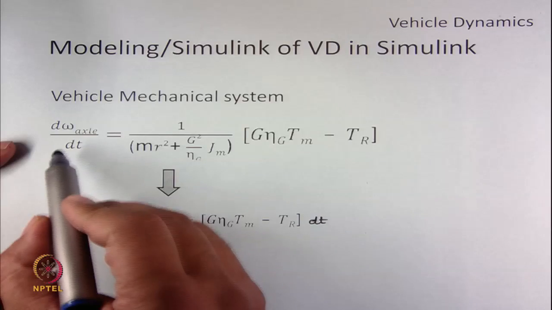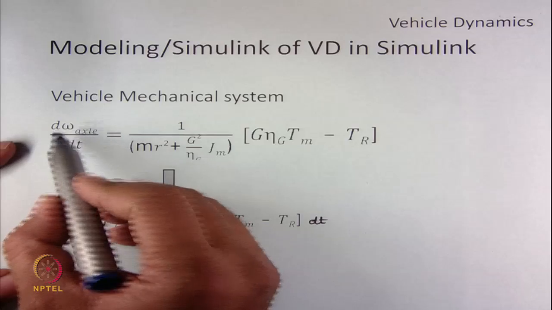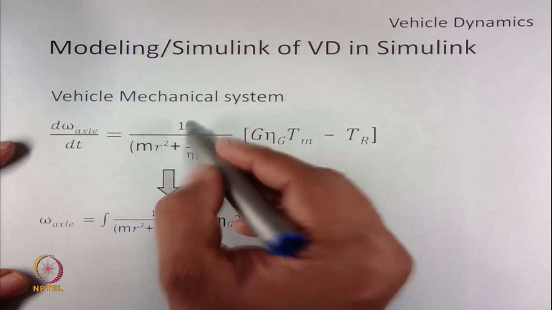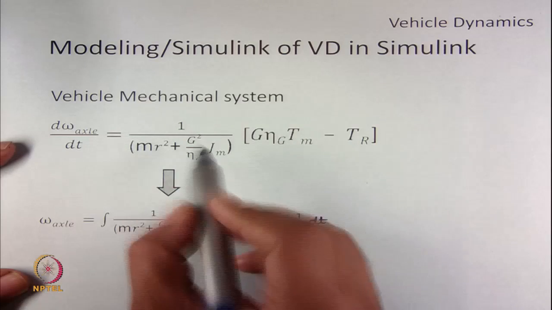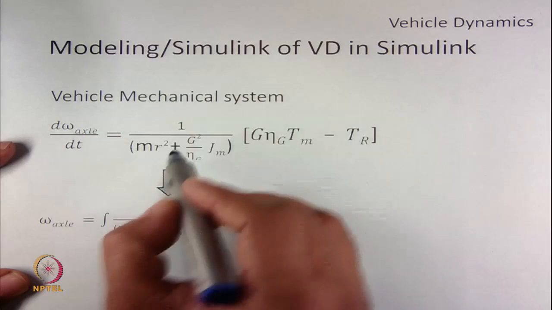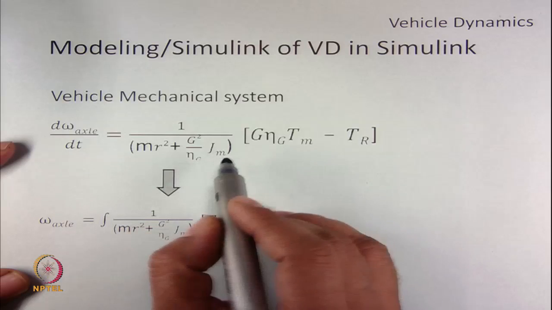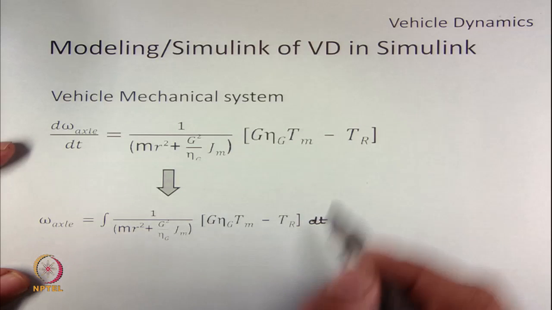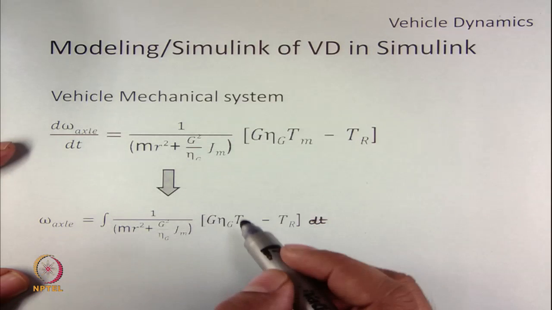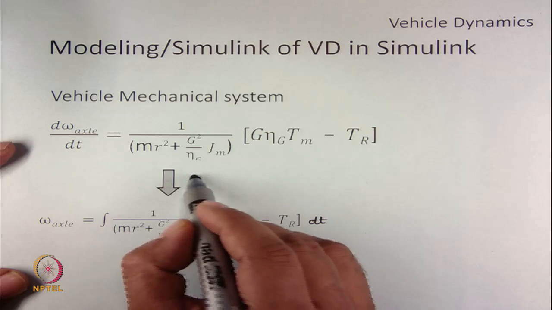If we write this equation in terms of d omega axle by dt, we can move the inertia as 1 by inertia into the difference of driving and resistive torques. This equation can now be integrated.